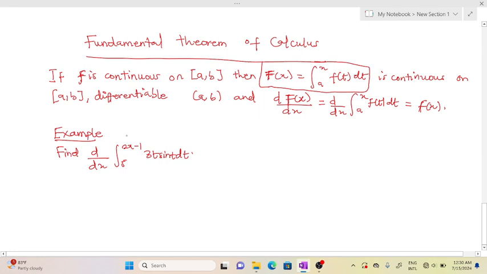So now let's solve an example here so that you understand it better. The example is saying that we should find the derivative of this integral from 5 to 2x minus 1 of 3t sine t dt. Now, is this function here indeed representing the capital F of x?